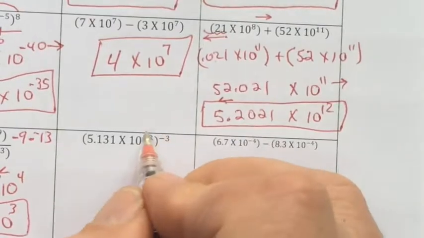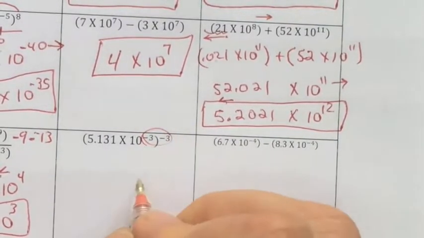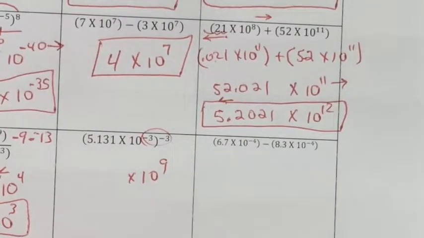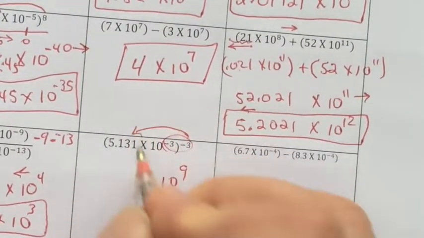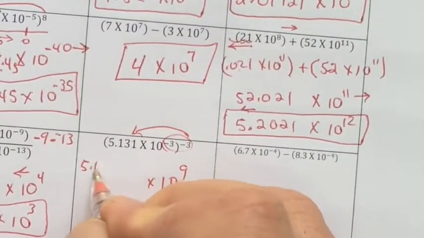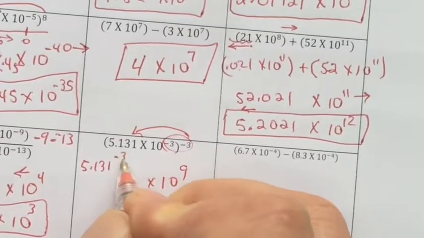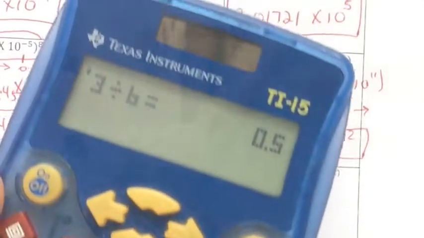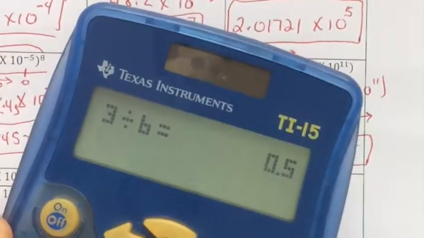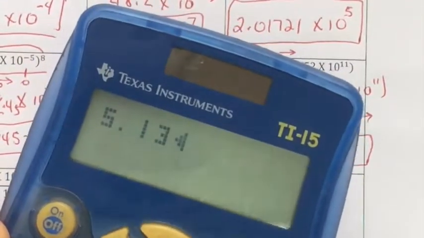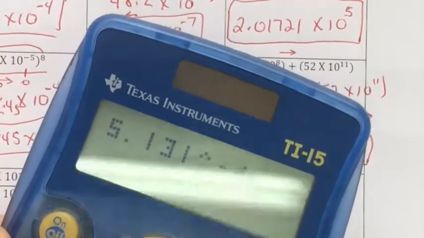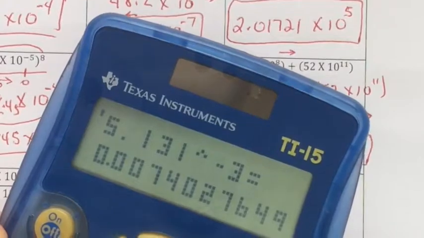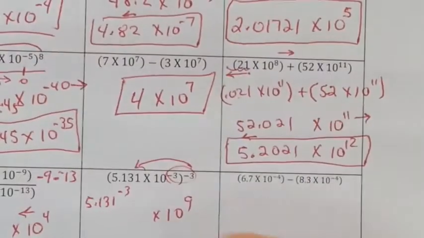Power is multiply, so I'm going to multiply the powers. Negative 3 times negative 3, so I already know it's 10 to the 9. And now I'm going to use my machine for this. I need 5.131 to the negative 3 power. Okay, so I'll just put that in my machine. 5.131 to the negative 3 power. 0.0074.